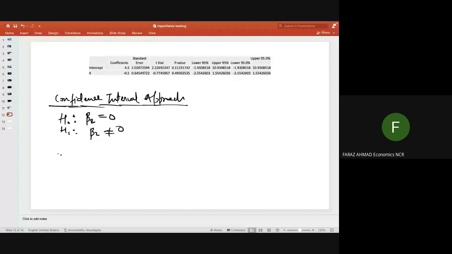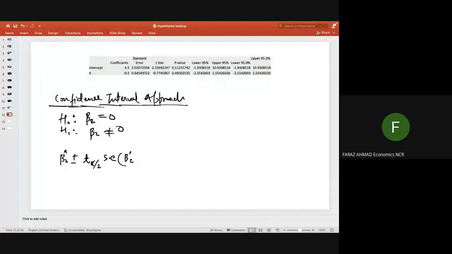Now let us make a confidence interval. So we start with the mean, and mean here we start with the estimator. So our estimator is beta 2 hat, and we will plus minus something here. And that would be for a two-tailed test, T alpha by 2.